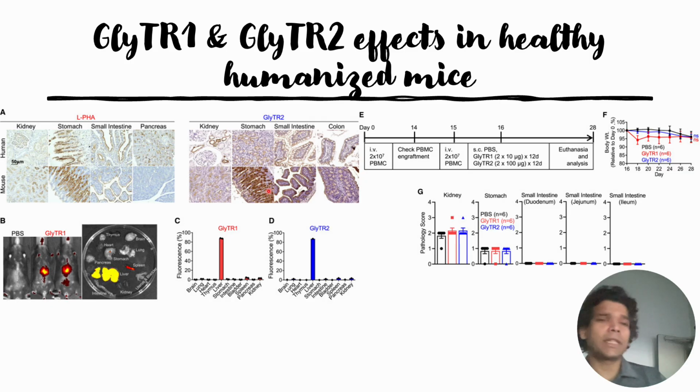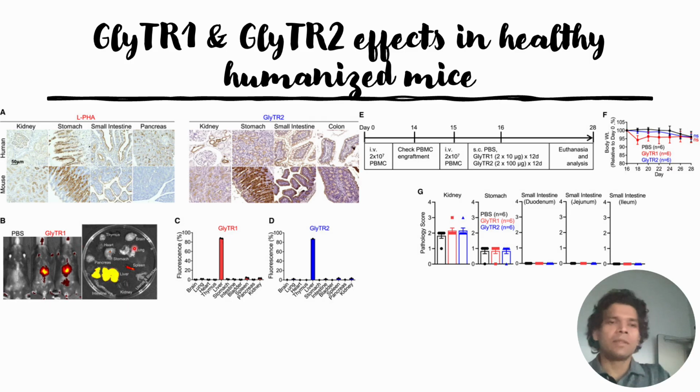Afterwards, they injected GlyTR1 and GlyTR2 through the tail in the humanized mice, and they found that after some time all the GlyTR1 and GlyTR2 are accumulated in the liver. They said they are accumulated in the liver because the liver is the clearance organ, where everything that is not used up in the body will be cleared.